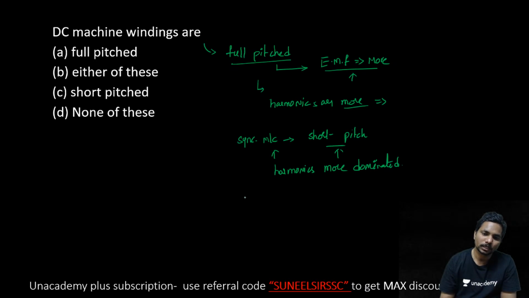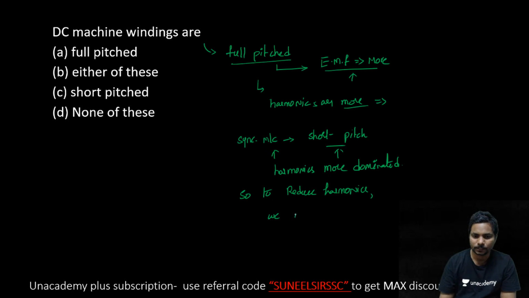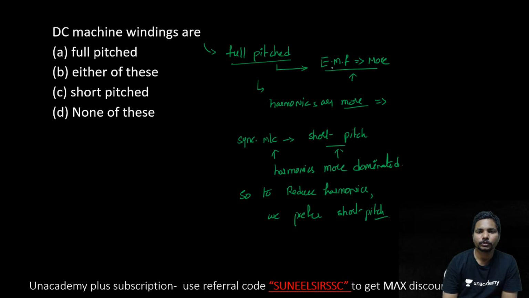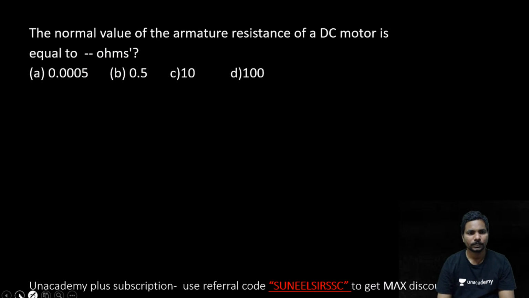So to reduce the harmonics, we prefer short pitch. Here in the DC machine, to get more EMF we use full pitch type of winding. Answer is option D. Coming to the next one.